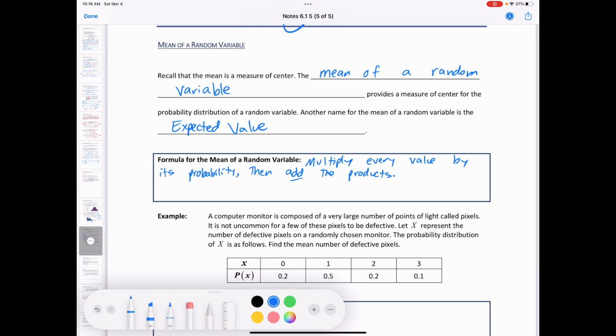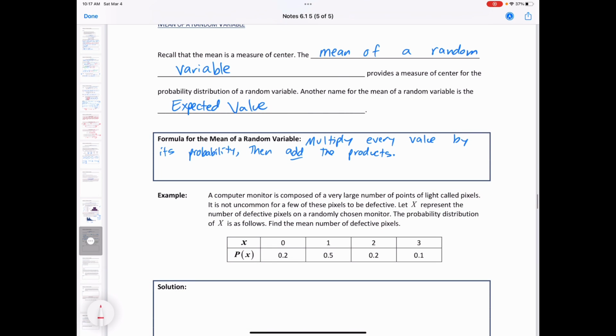What it looks like on a formula sheet, it looks like this. And it's called mu of x. And what it is, the sum of x times p of x. It's also known as expected value. Mu of x equals E of x. They mean the same thing.